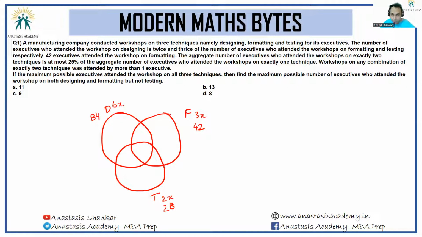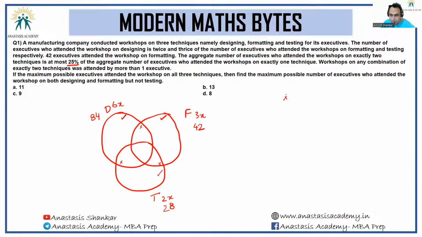Okay. The aggregate number of executives who attended the workshop on exactly 2 techniques is at most 25% of the aggregate number of executives who attended the workshop on exactly 1 technique. So these 3 ticks and these 3 crosses.